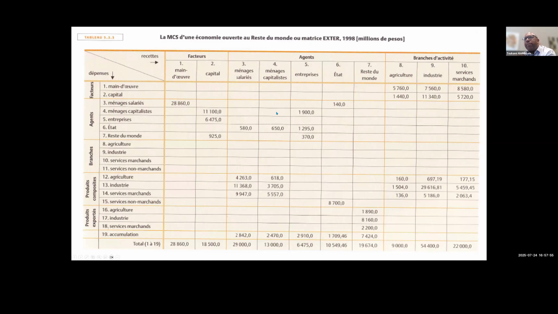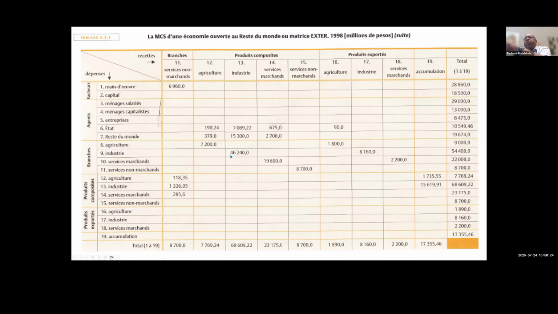On the expenditure side, we have taxes from the households to the government, and expenditure on agricultural goods, industrial goods, or services for each group of households, because we have two categories of households.